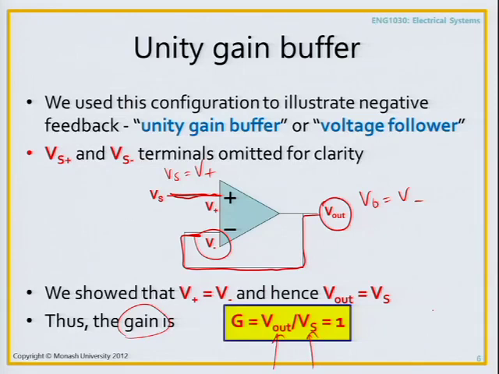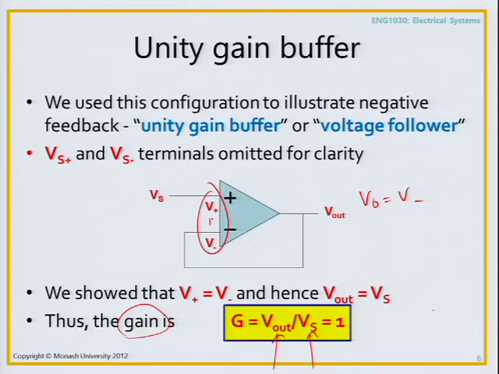Because V out equals Vs, therefore V out over Vs is equal to 1. And that's pretty much the same logic that you take when you analyze any op amp circuit. You look at the output, you look at the input, and you try to relate the output to the input. If the circuit is in negative feedback, you relate it somehow via the fact that these two things are equal.